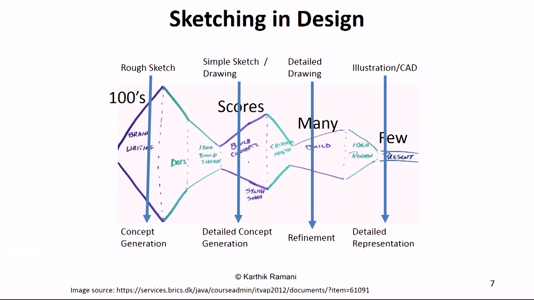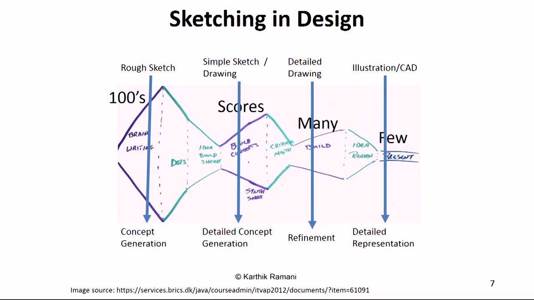Then you typically move into the stage where they become a little bit more detailed and transform into drawings or simple sketches, and oftentimes those are used in more detailed concept generation or embodied design. And then you have again a reduction of choice, and you build and you reduce, in these divergent and convergent phases. In the end you will have to refine it, and you have CAD kind of tools being used.